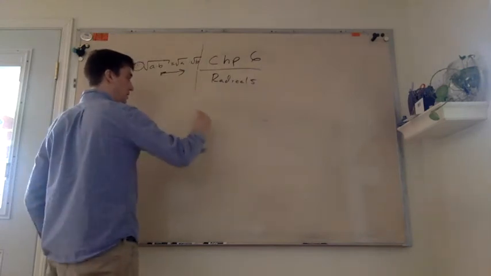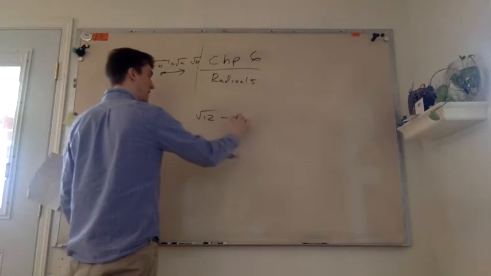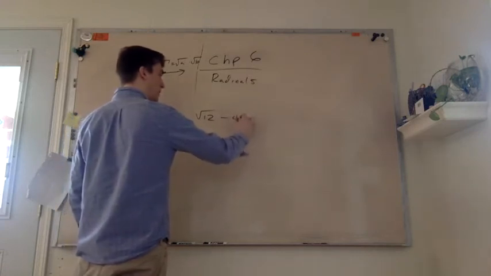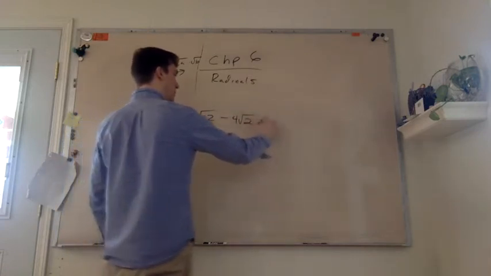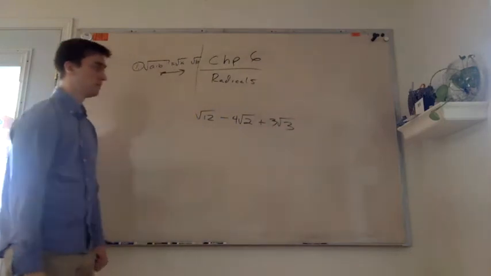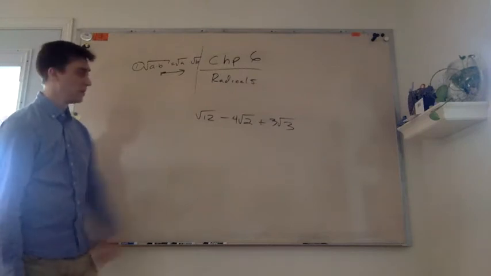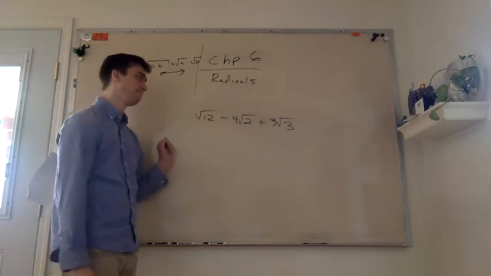Here's a case where you can do the square root of 12 minus 4 root 2 plus 3 root 3. So you get 3 radicals here, added and subtracted.